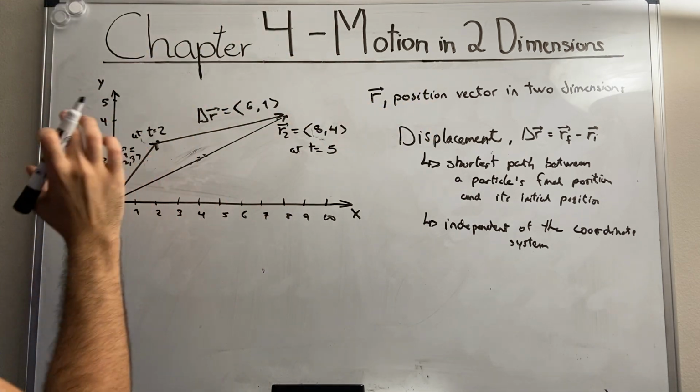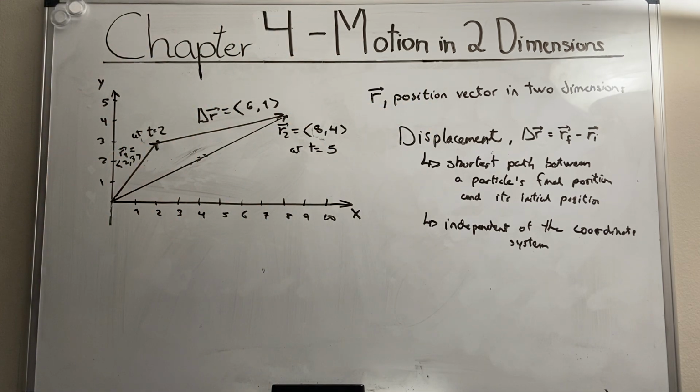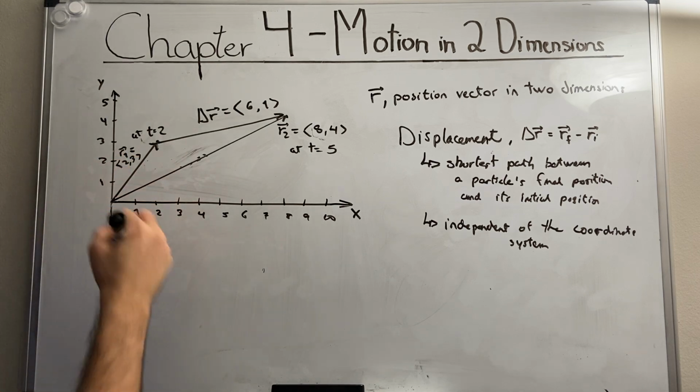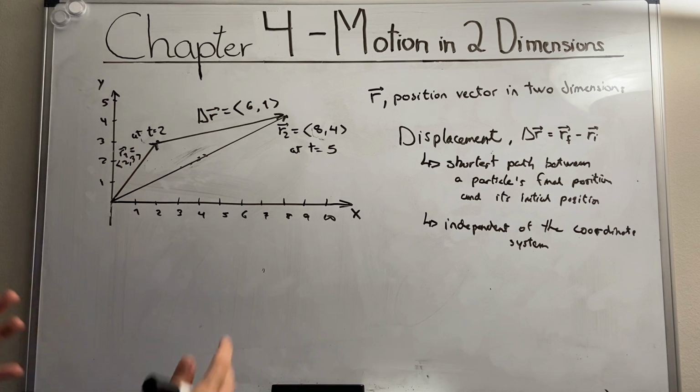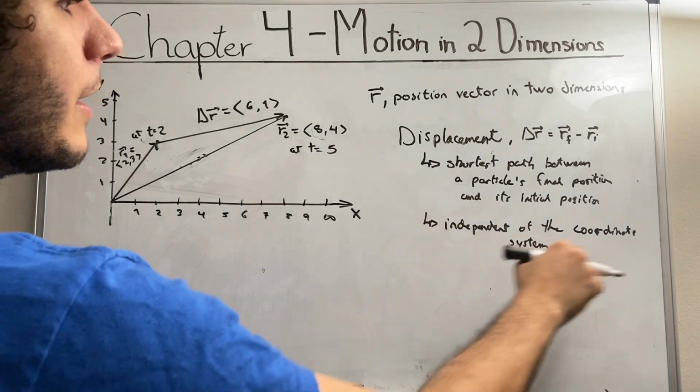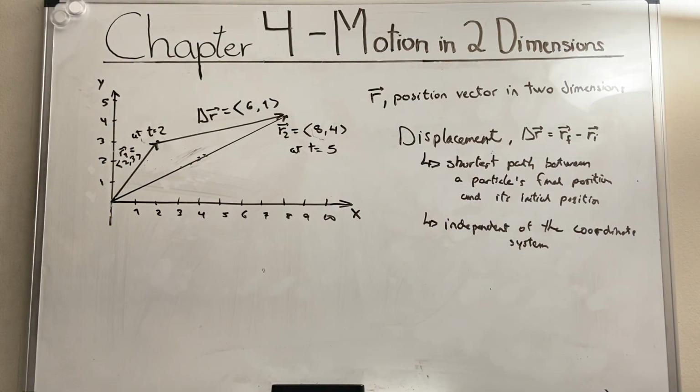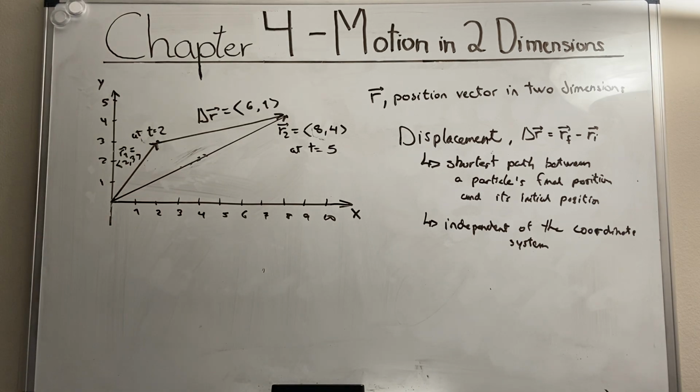It would still have those components, and its angle would still be the same, its magnitude would still be the same. And that is the reason that displacement is independent of the coordinates of the coordinate system.